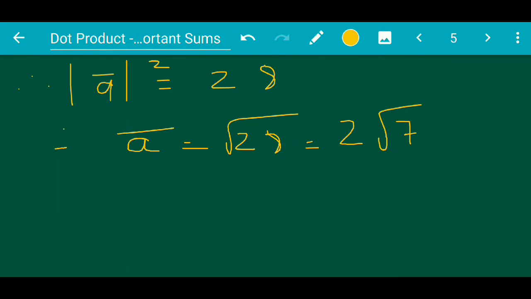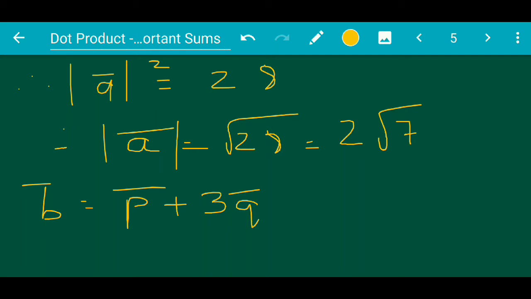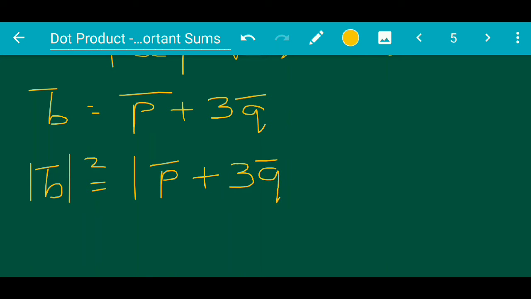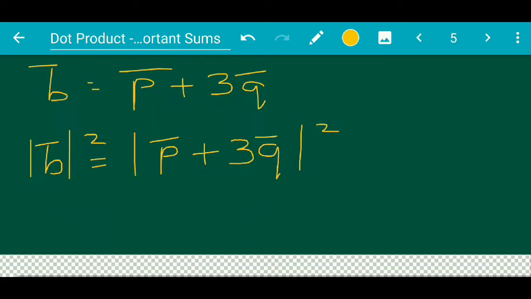Mod a, not a bar. This is not the vector but the magnitude of the vector. So mod a becomes 2 root 7. Similarly, taking b. The vector b bar is p plus 3q. Working it out in the same way, that is b dot b or mod b square becomes mod of this vector the whole square.